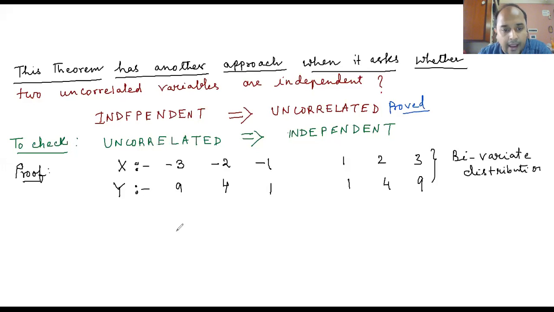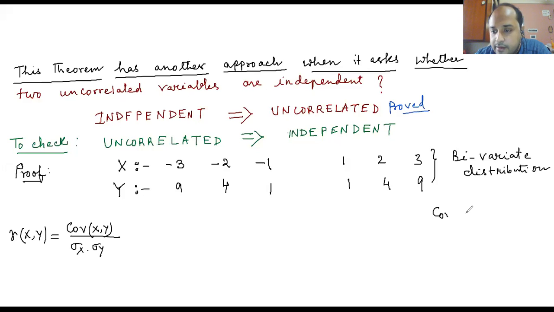When we find the correlation coefficient, probably you have seen in my video that it is given by the formula covariance of xy divided by sigma x into sigma y. Covariance of xy is given by 1 by n summation xy minus x bar into y bar.